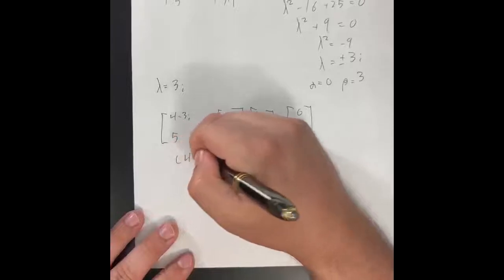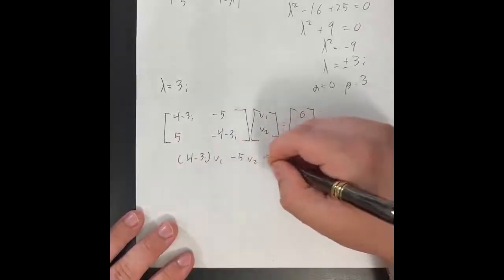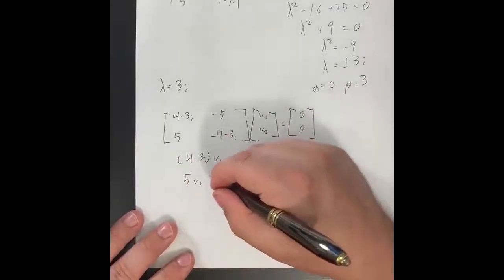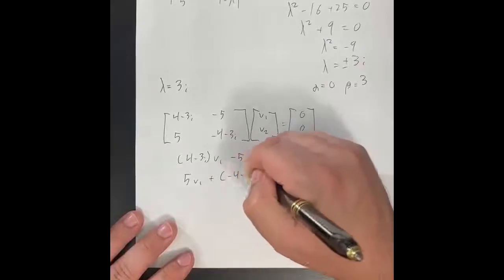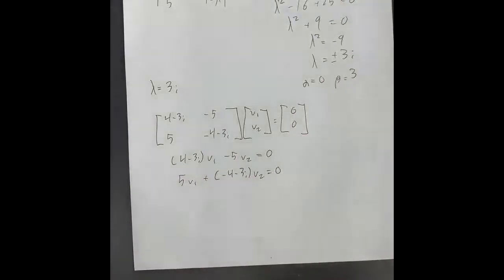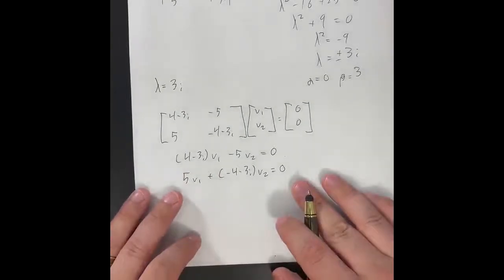So we have 4 minus 3i times v1 minus 5 v2 equals 0, and 5v1 plus negative 4 minus 3i v2 equals 0. As before, when you have two equations, they should be redundant. We should have at least one equation go away, and have to make a choice.